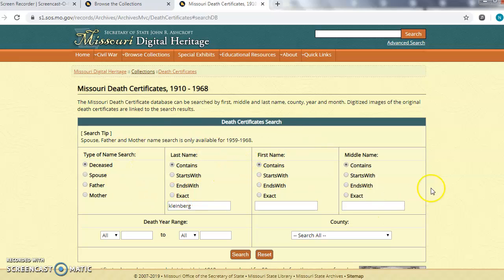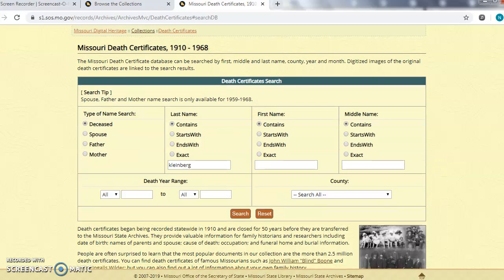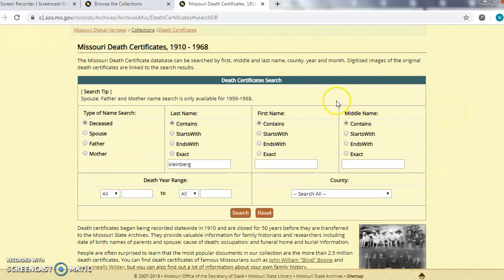And this is a typical type of search that you will find in most genealogy databases, where you can put in the name, specify if it's the person you're looking for, or the spouse, father, or mother. You can also narrow your search by if what you type in here is contained within the last name, starts with, ends with, or is exact.